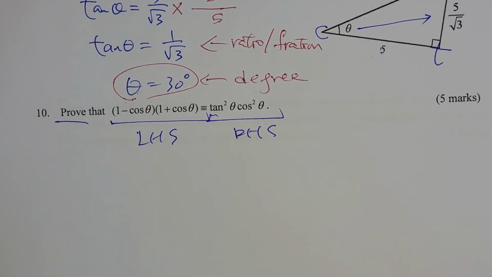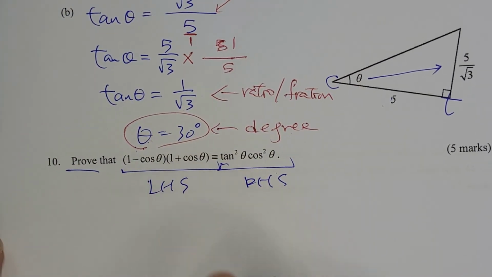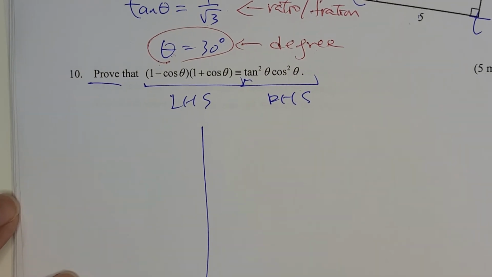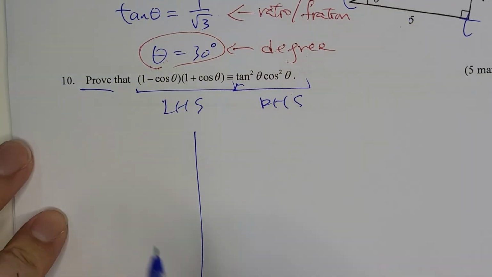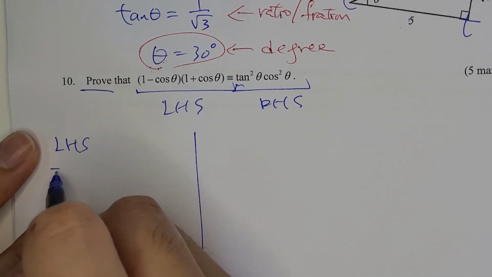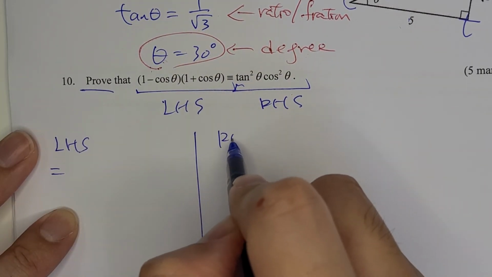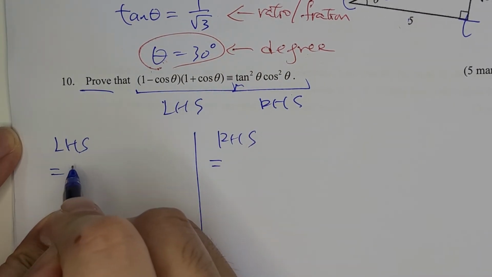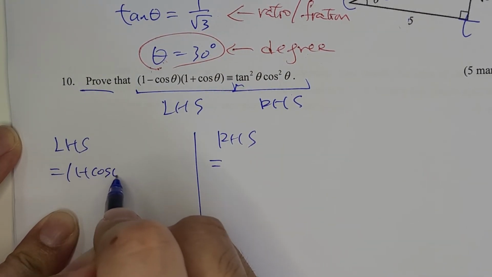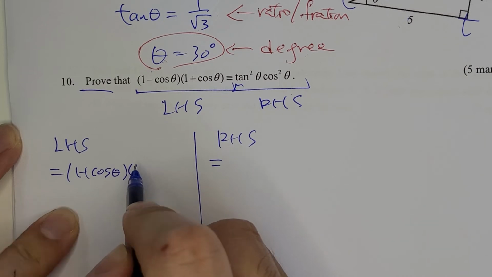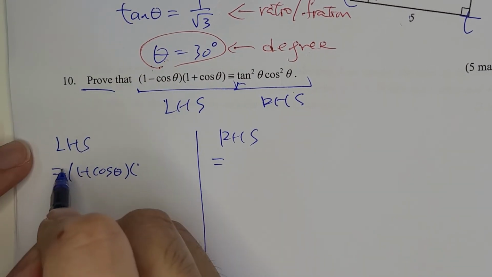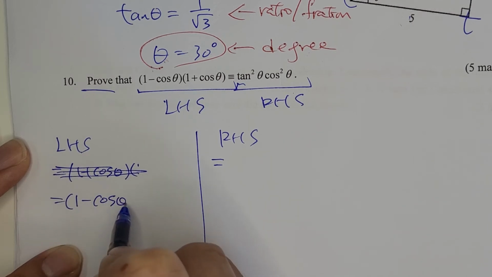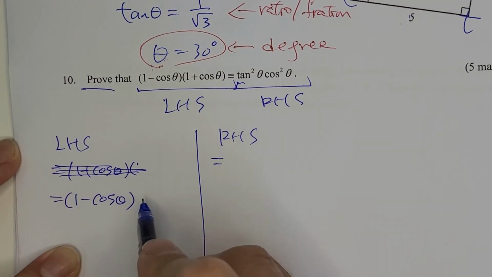When you need to prove some identities, use the blue pen to draw this line to remind yourself that you should do them separately. Left hand side: 1 minus cosine theta times 1 plus cosine theta.